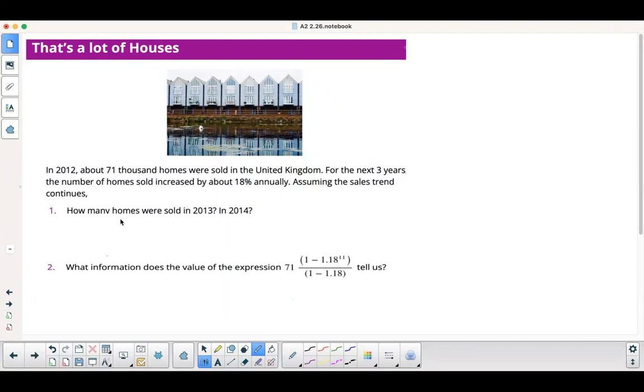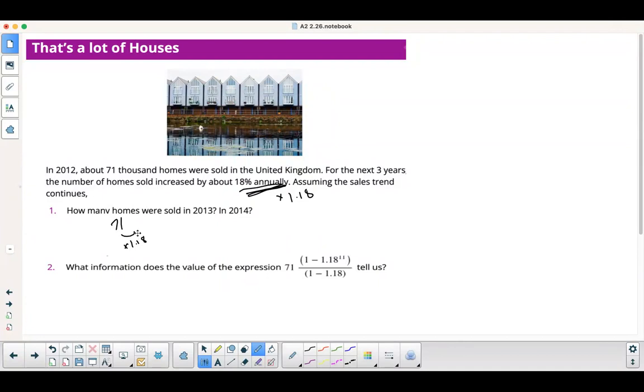So in 2012, about 71,000 homes were sold in the United Kingdom. For the next 3 years, the number of homes sold increased by 18% annually. So 18% increase each year, so you're really going to multiply by 1.18. That is what that means. Assuming the sale trend continues, how many homes were sold in 2013 and 2014? So I take 71,000 times 1.18, and that will give me the next number.